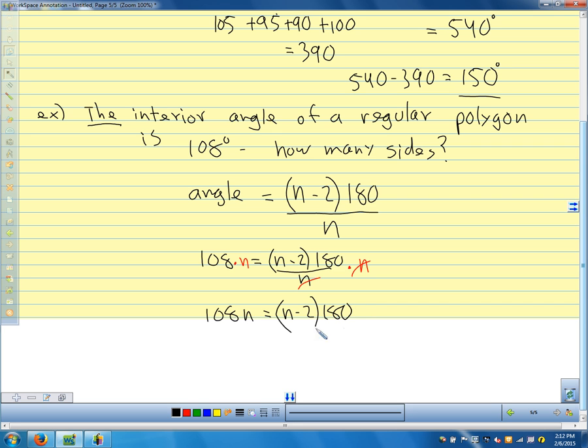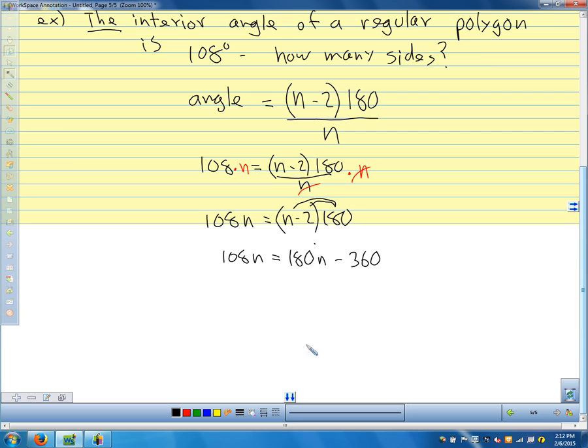Now what do I do with these parentheses? Distribute. Very nice. So 108n equals 180 times n is 180n minus 360. And now we know what to do with this, right?